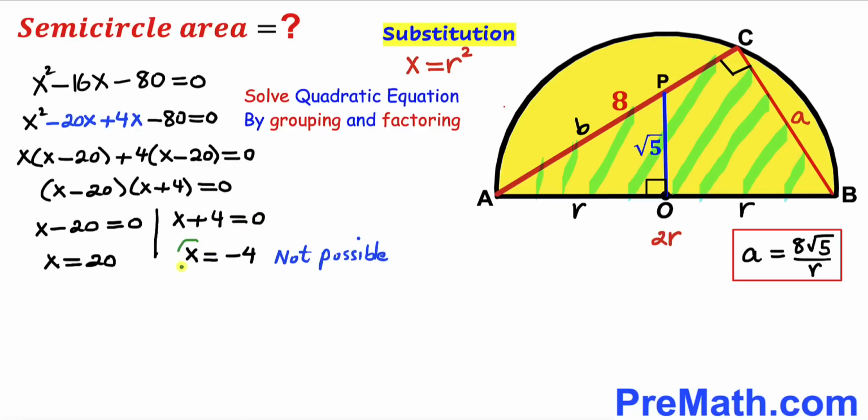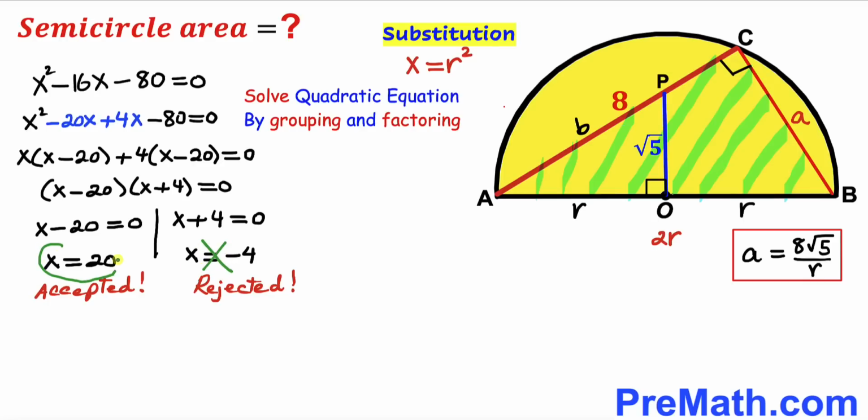Now we can see x equal to negative 4 is not plausible. If we take the square root on both sides, that is going to give us a non-real number. So we are going to reject this negative value of x, and we are going to accept x equal to positive 20.